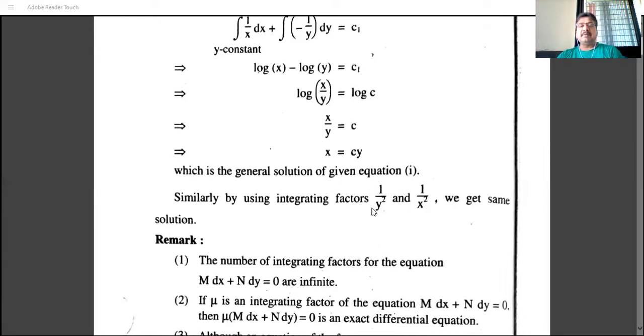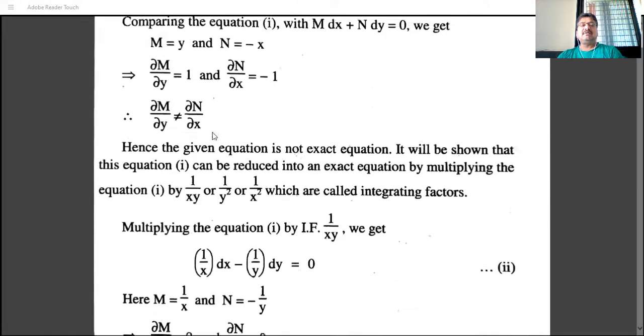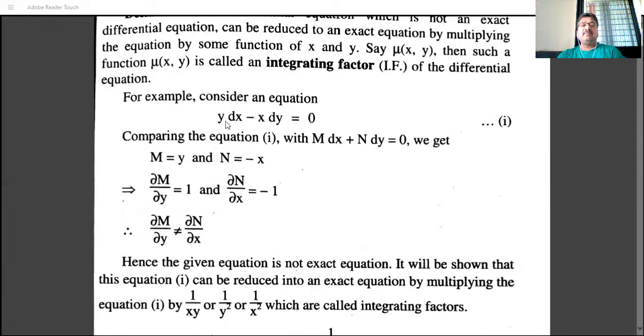So if you multiply by 1/y², then the given differential equation becomes (1/y) dx minus (x/y²) dy equal to 0.